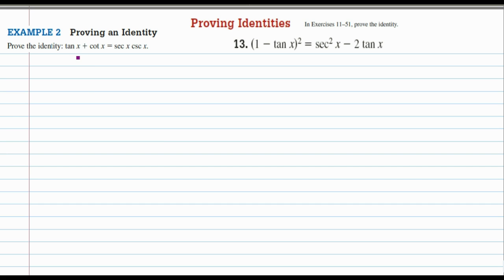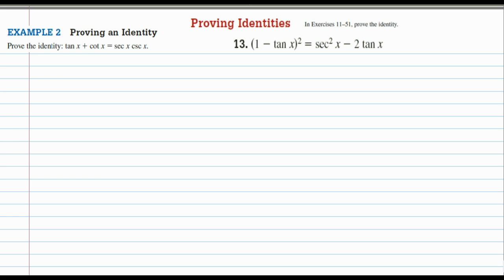So on the left side, tangent of x plus cotangent of x. I don't really see anything to do with this yet. I know that my end result is not supposed to have a plus sign, and there's secant and cosecant on one side, and tangent and cotangent on this side, so that is starting to get confusing.